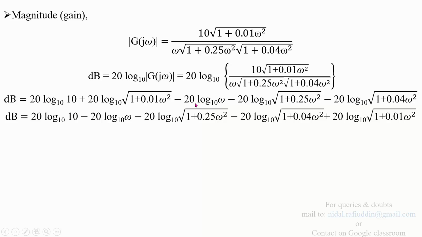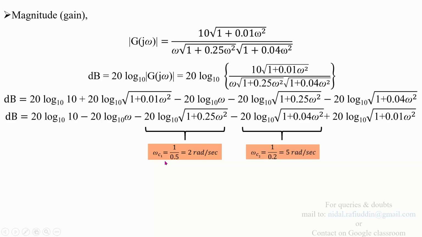The first corner frequency corresponds to 1 plus 0.5 omega, while the second corner frequency corresponds to 1 plus 0.2 omega, and the third corner frequency comes from 1 plus 0.1 omega. And we have rearranged it in such a manner that the term corresponding to the first corner frequency appears first, followed by the second corner frequency term, followed by the third corner frequency term.